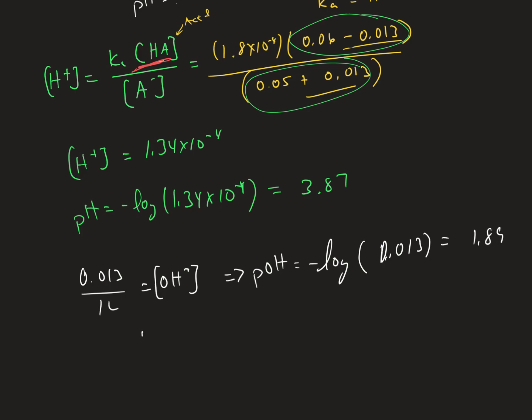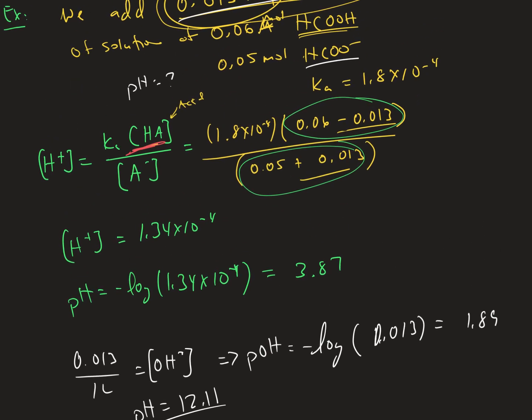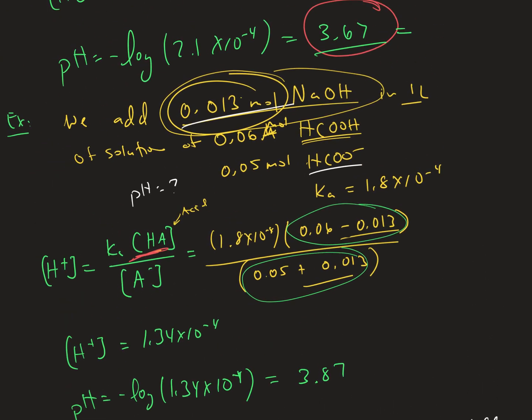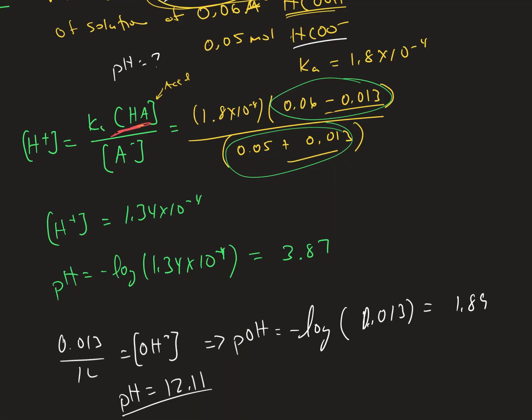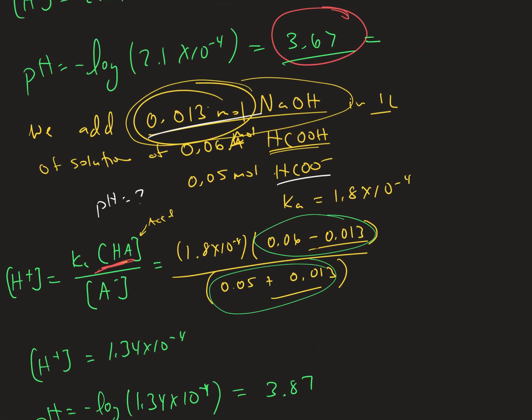Therefore, my pH would be 12.11. So by adding a pH of 12.11 to water, it would change it by 5, right? But if I add it to my buffer solution, it only changes it by 0.2.